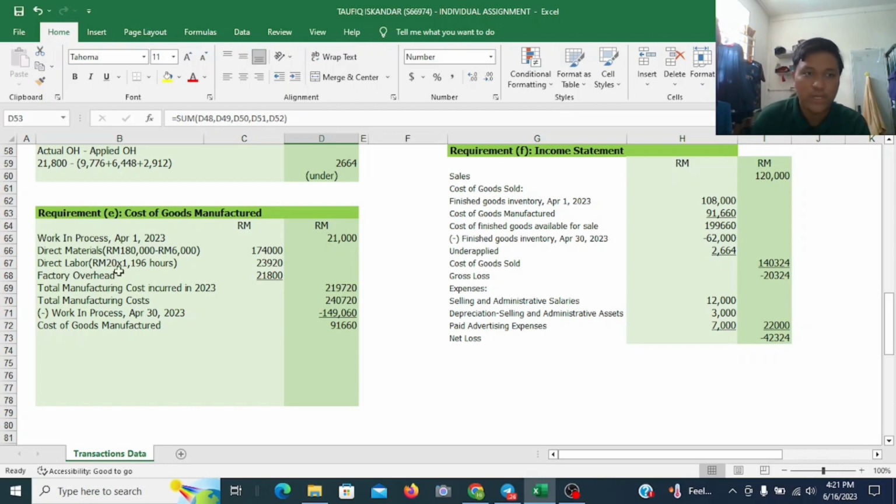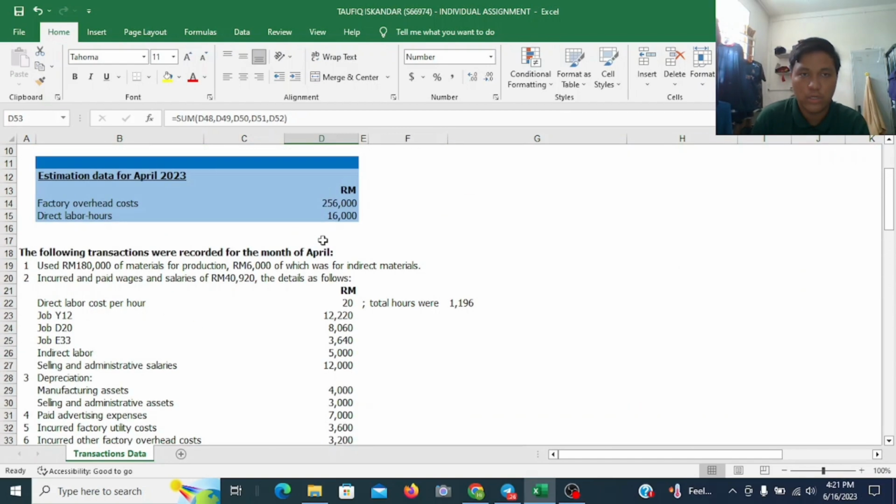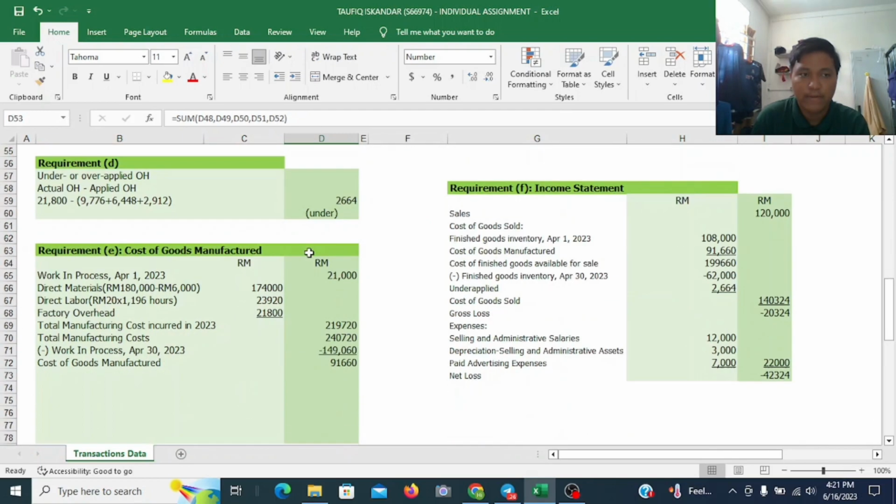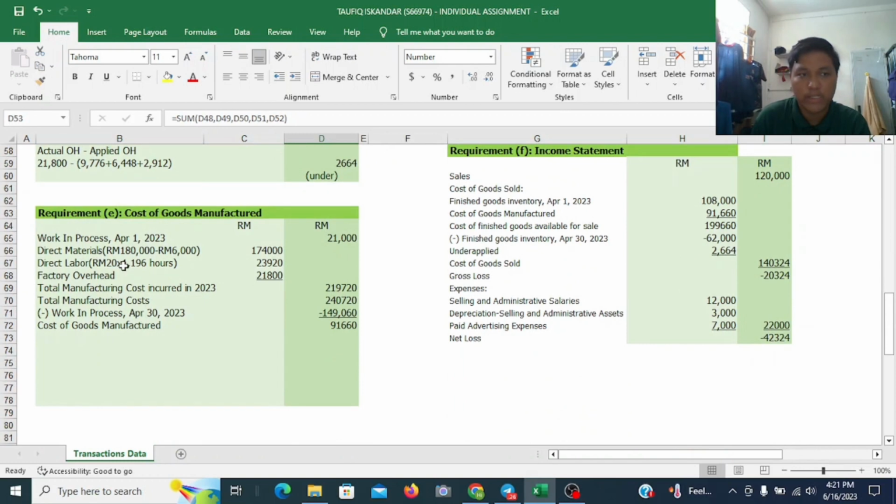We start with the beginning work in process, where the value is 21,000. So this is the value. Then for direct materials, 180,000 minus 6,000, we get 174,000.